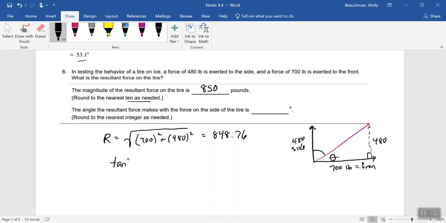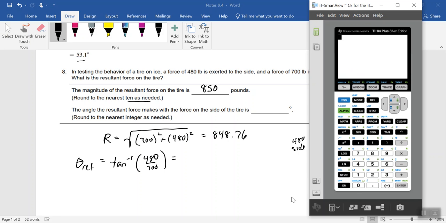So we're going to look at the inverse tangent. Our reference angle is the inverse tangent of our y-coordinate, which is 480 over 700. So let me bring up the calculator. Make sure that your calculator is in degrees.